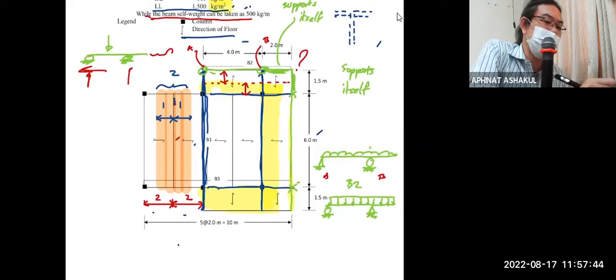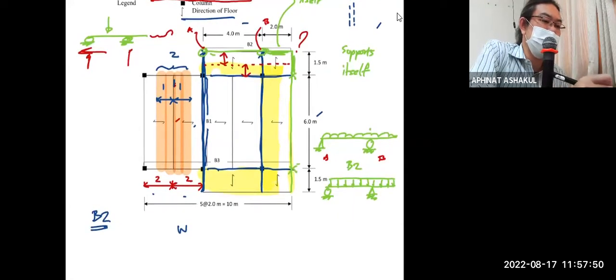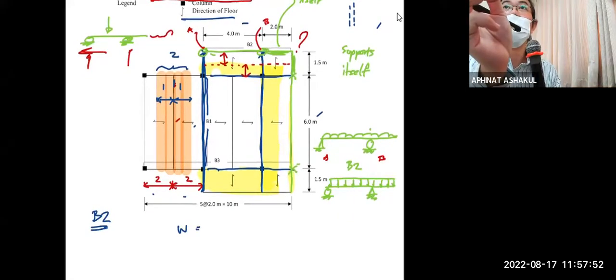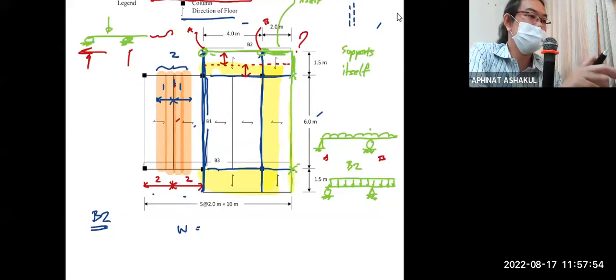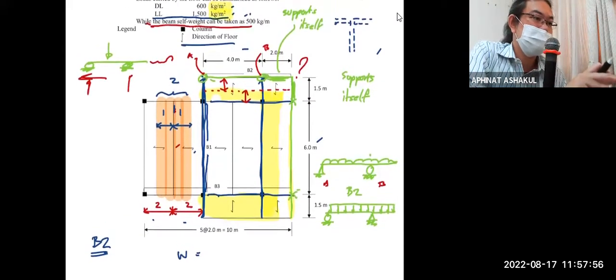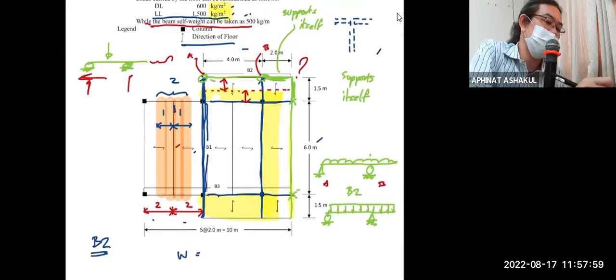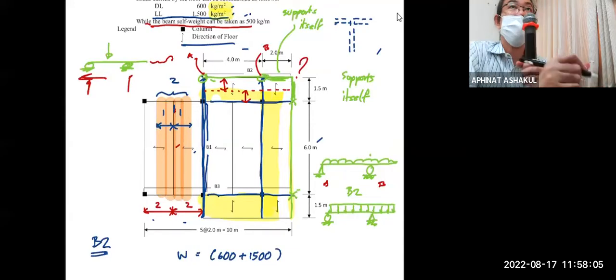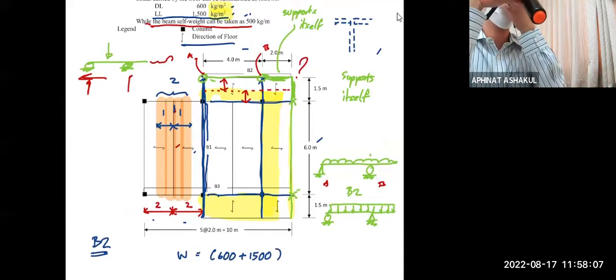Can you help me calculate? B2. W is going to be the weight of the floor, correct? Which is 600 plus 1500. That's dead load plus live load. Remember that the load is the load per area.